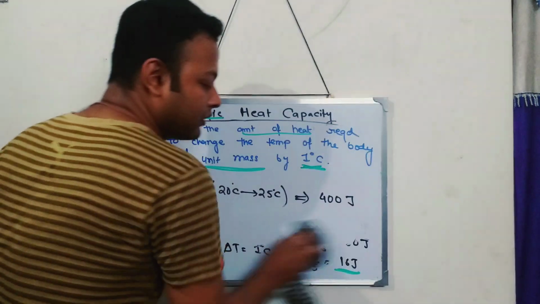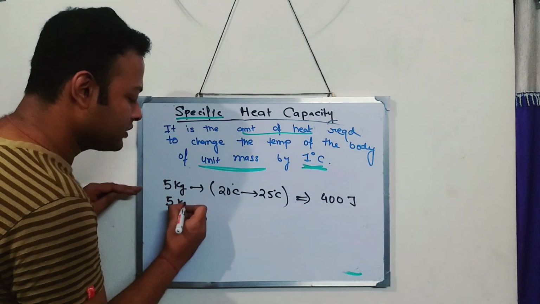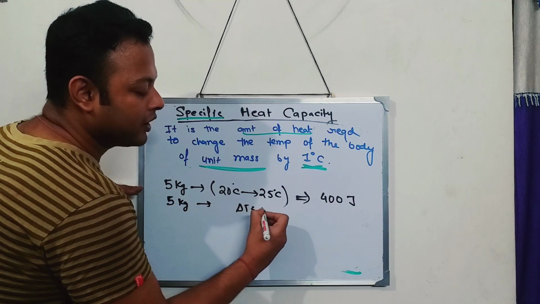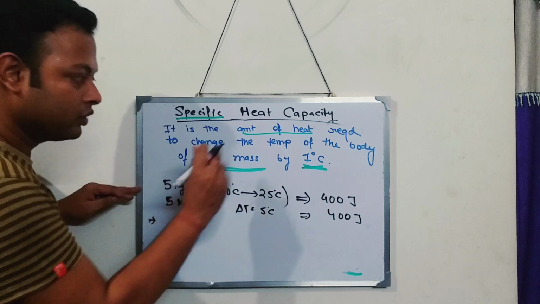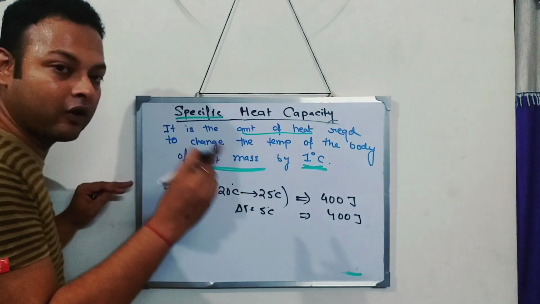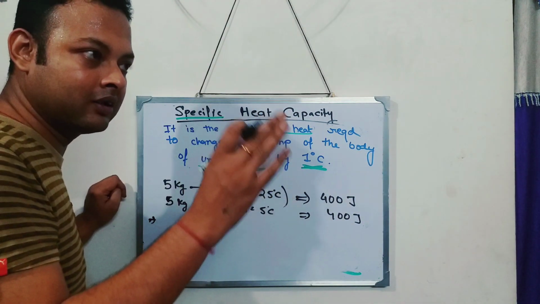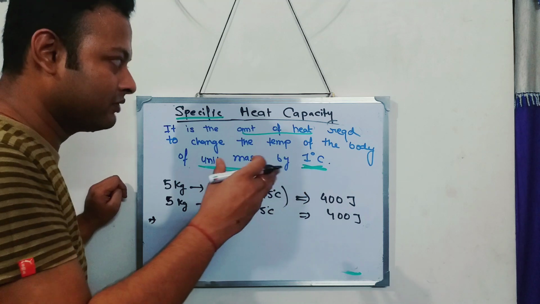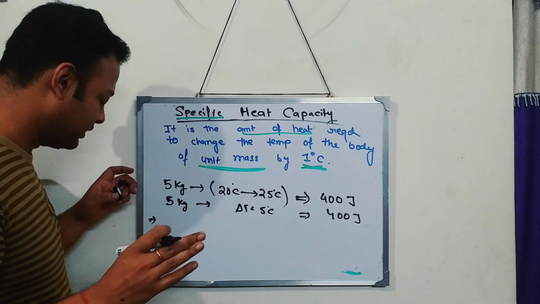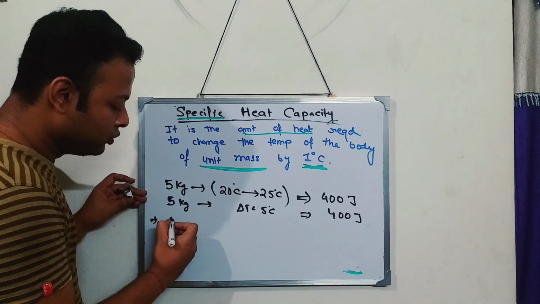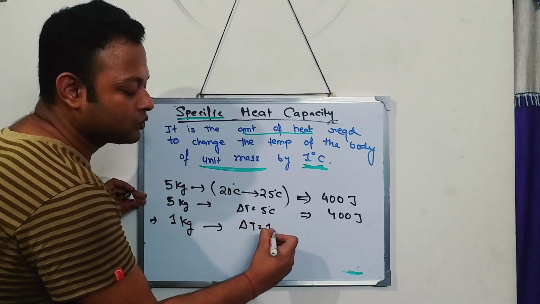Think in this way. If I have to do it in one step, a body of mass 5 kg changes the temperature by 5 degrees centigrade, the amount of heat required is 400 joule. But according to the statement of specific heat capacity, and I haven't made this statement, it is made by the authority to make these kinds of rules, they are saying to use the body mass as 1 kg and the change of temperature as 1 degree centigrade.